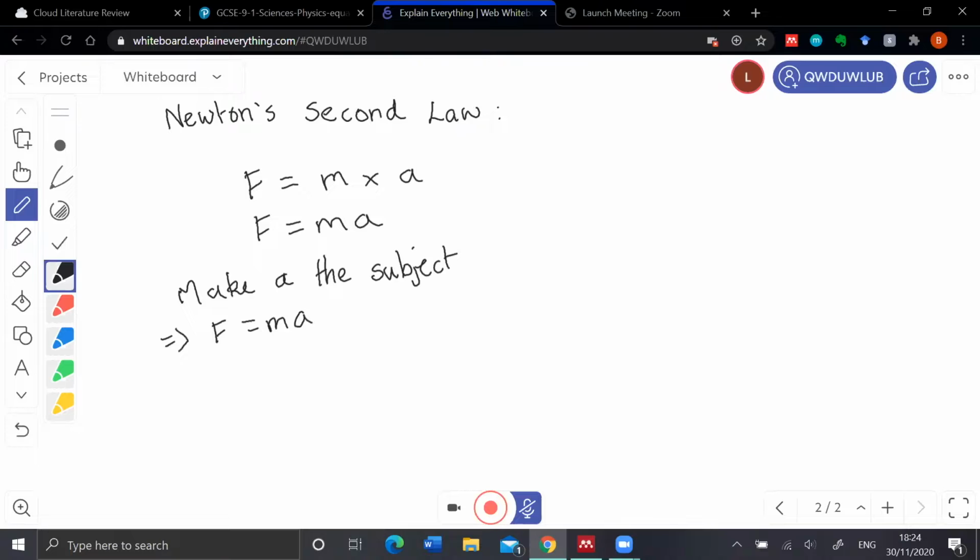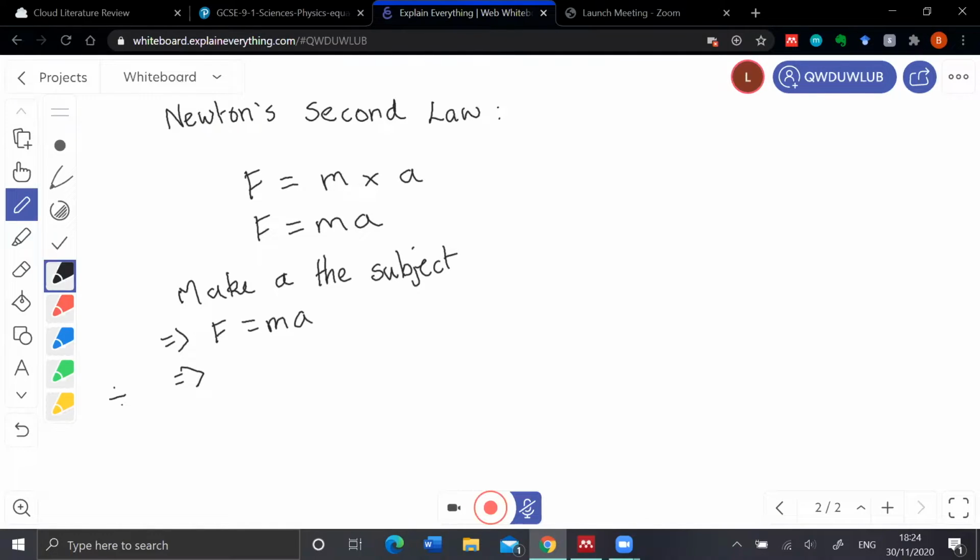That arrow, in maths, means carries on from. I just write it a lot. Okay, so I want A on its own. What I'm really doing is dividing both sides. As long as you do the same thing to both sides, you can divide, you can times, you can do anything.